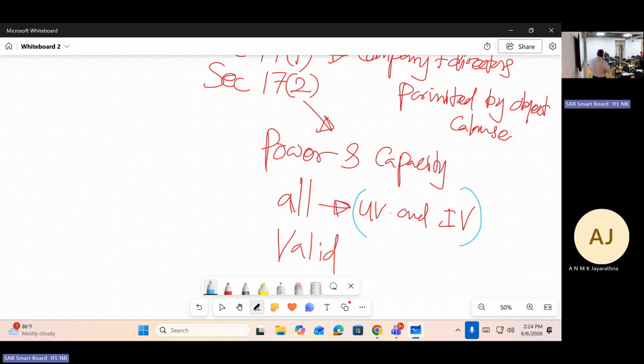Can we decide according to section 17(2) that the ultra vires rule is removed by the company side?